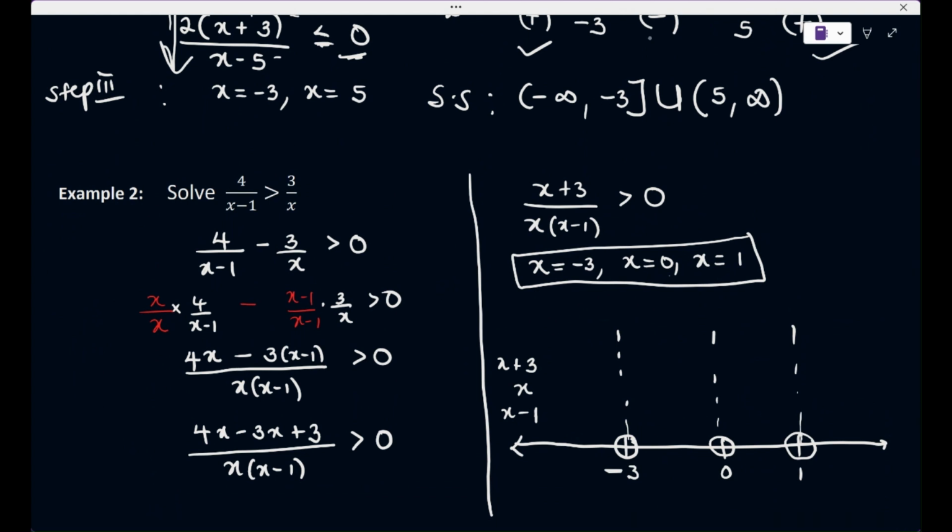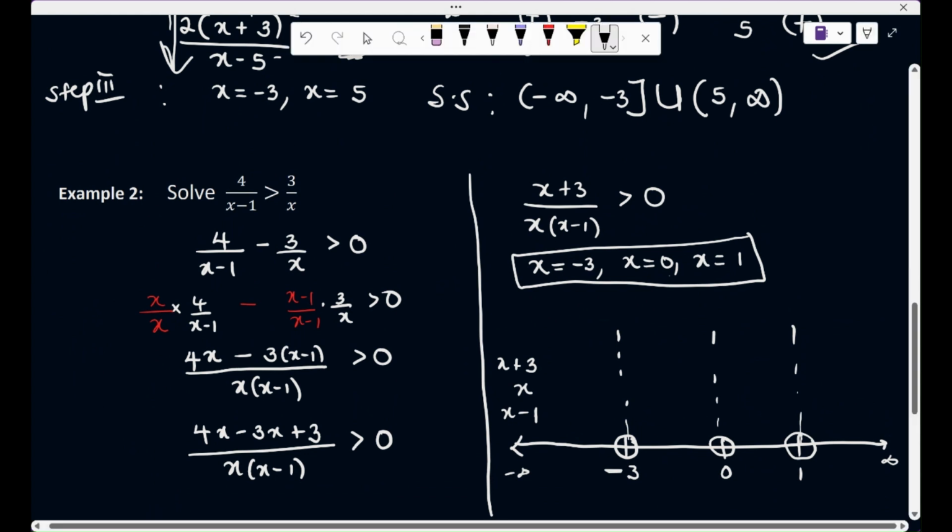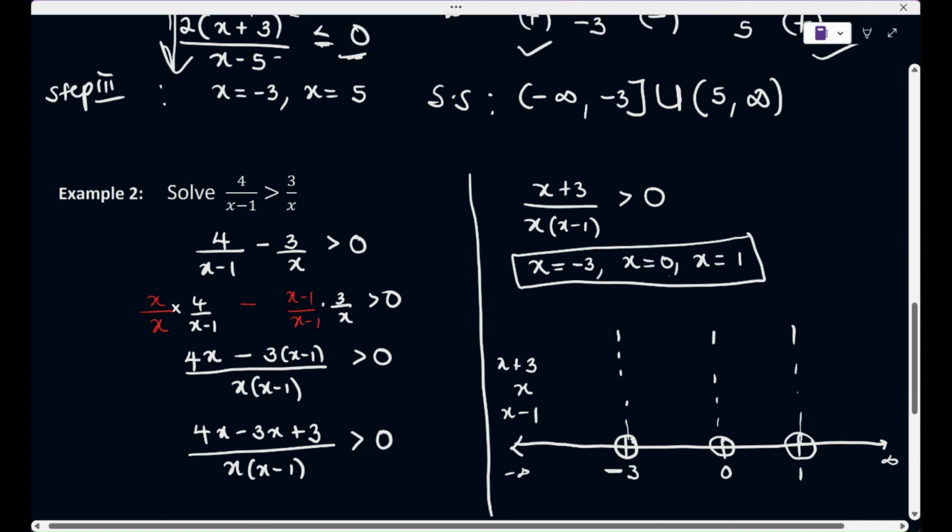So let's take test points. This is minus infinity. This is infinity. You start, take a number between minus infinity and minus 3. You can take minus 4. And if we take minus 4, what do we get? Minus 4 plus 3 is going to be a negative number.